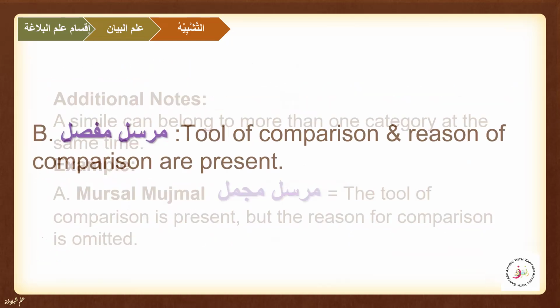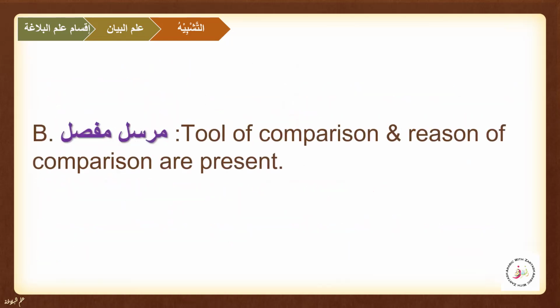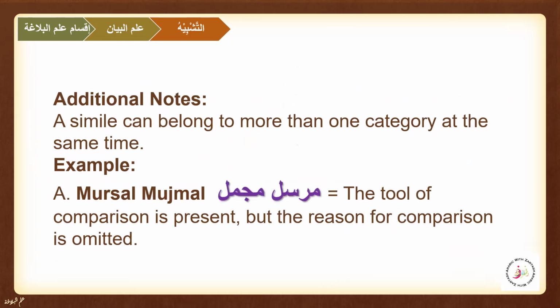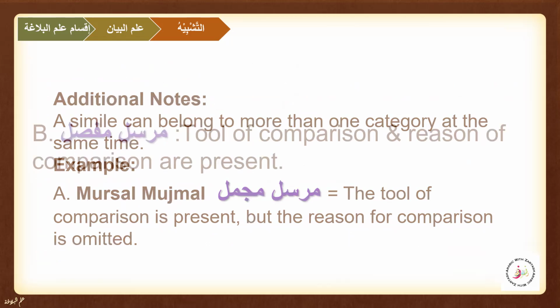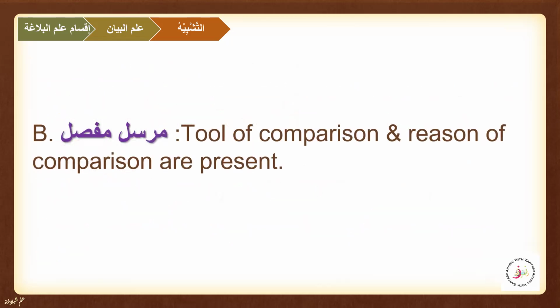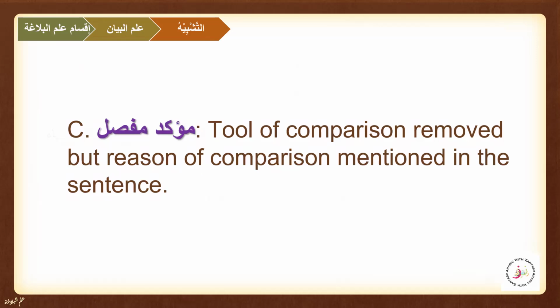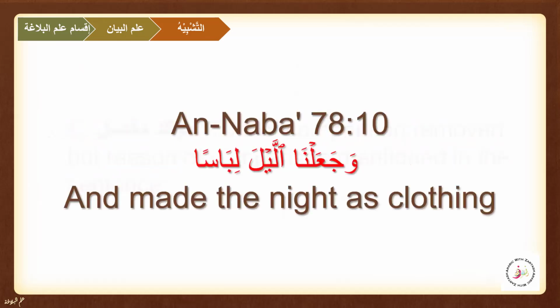The mursal mujmal is a tashbih when the tool of the comparison is present, but the reason of the comparison, the wajh shabah, is omitted. Also, mursal mufassal is when the tool of the comparison and the reason of the comparison are both present. So these are the terms that we learned, which focus around all the four arkan of the tashbih.